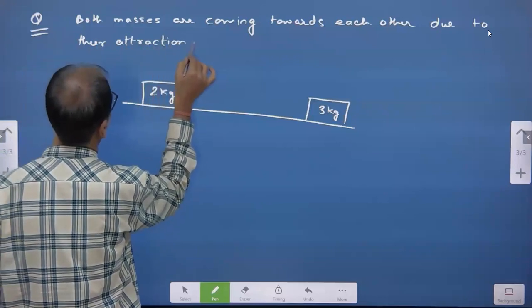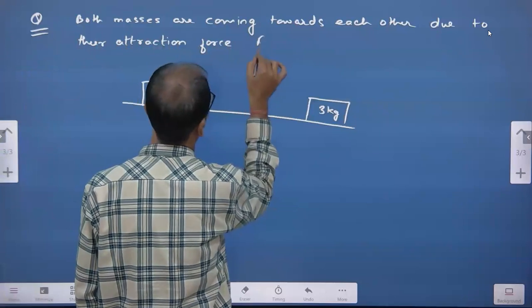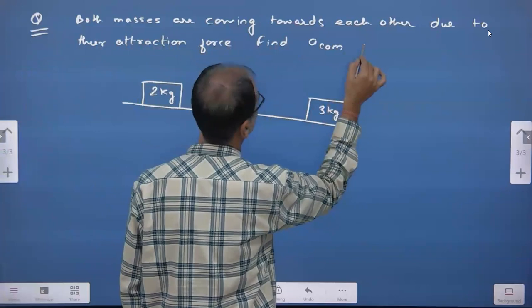Find the acceleration of center of mass of the system.